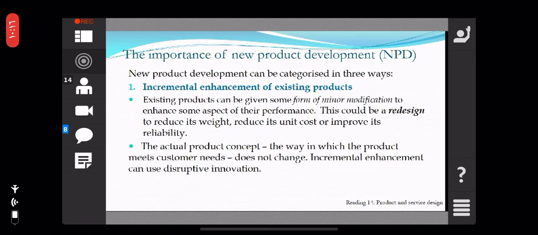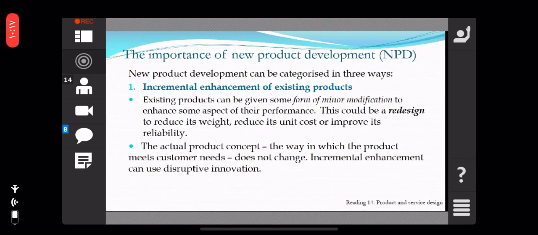So this could be a redesign, for example to reduce its weight, to reduce its unit cost, or to improve its reliability.